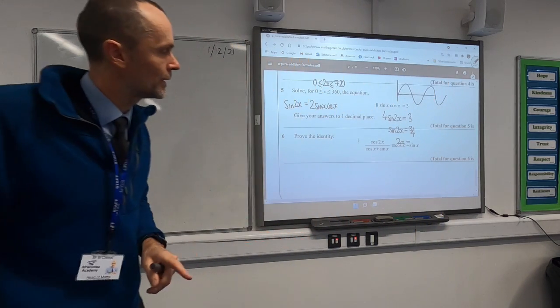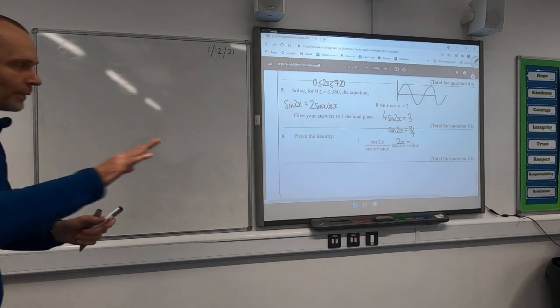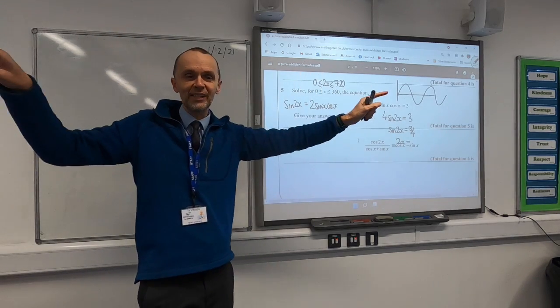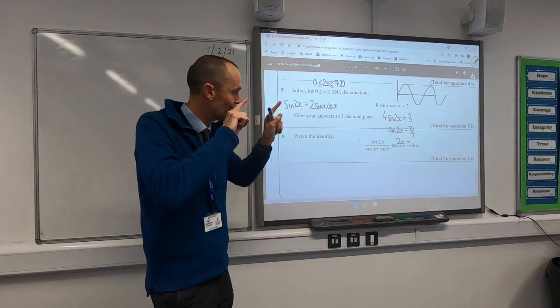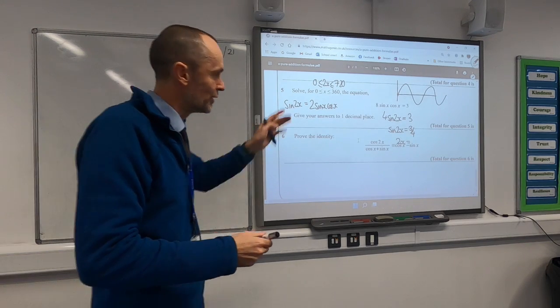There's probably going to be a lot of solutions. Now, why can't we do this all the time with sine 2x or cos 2x? Well, because in the other ones we've done, you've got sine x's and cos x's as well as the 2x. Here it's just the sine 2x. So it's a really, really easy one, provided you spot that straight away.